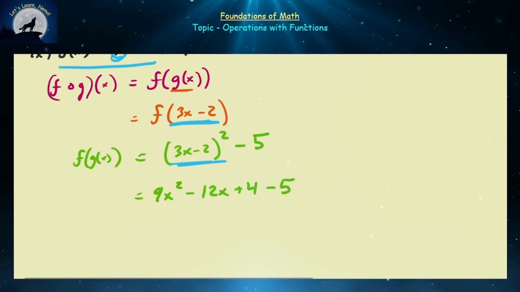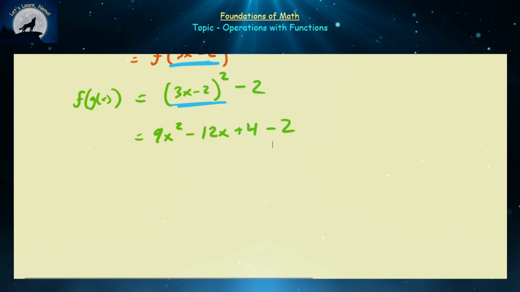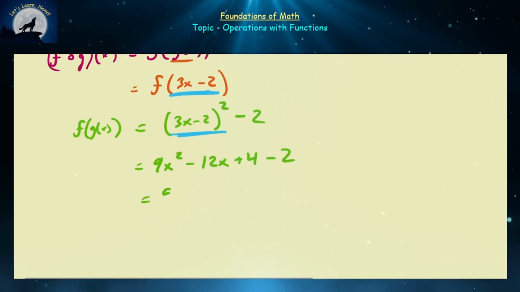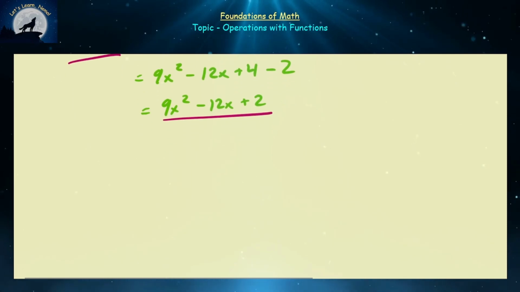Oh, how did that 2 turn into a 5? I don't know. Let's turn that back into a 2. And then we have 4 minus 2, which we know is going to be equal to 2. So this simplifies into 9x squared minus 12x plus 2 as our simplified final answer for the composition of f with g.